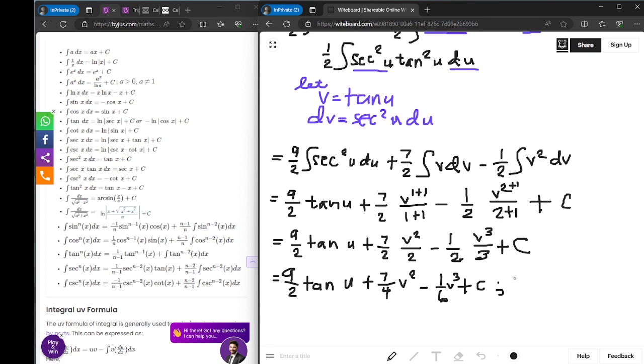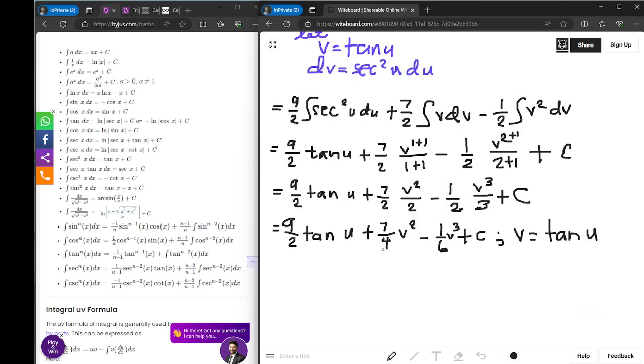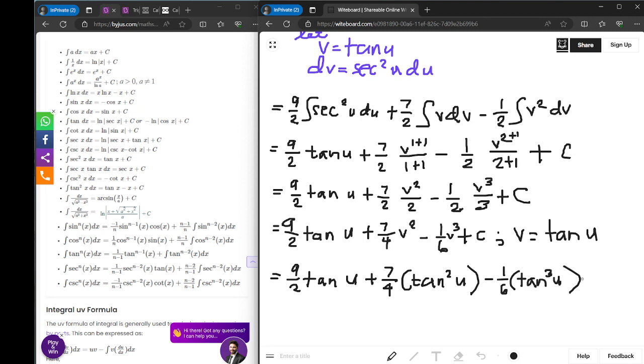So here we can now substitute v equal to tangent of u. Then we have 9 over 2 tangent of u plus 7 over 4, and v is tangent of u, so this is now tangent squared of u, minus 1 over 6 tangent cube of u plus c. But we have let u earlier equal to, what's that?